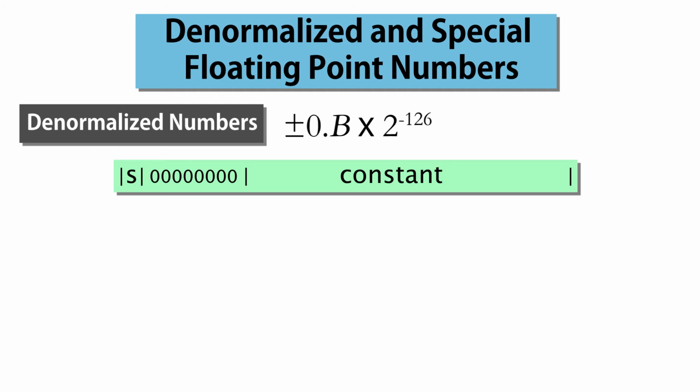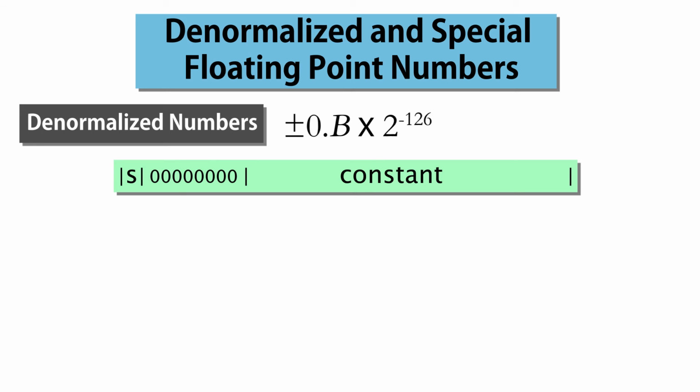Conversely, any float with an exponent value 0 represents a denormalized number. The sign is interpreted as usual, with 0 for positive numbers and 1 for negatives. Finally, the constant field stores the 23 bits following the binary point. There is an implied 0 to the left of the binary point.